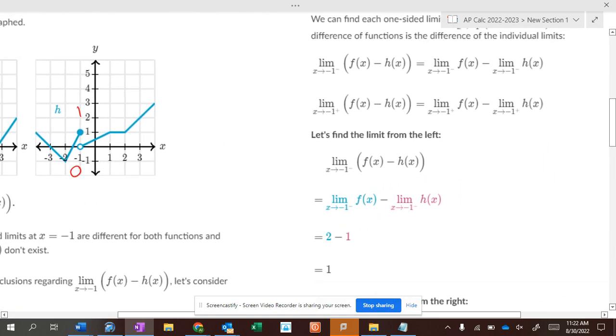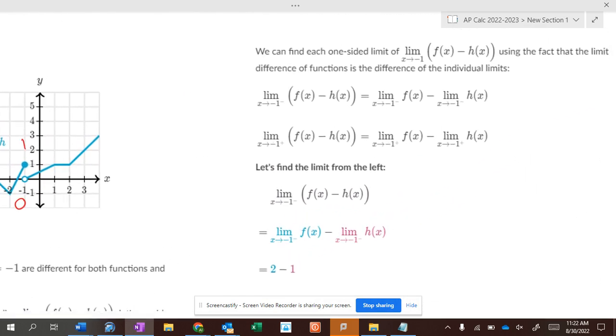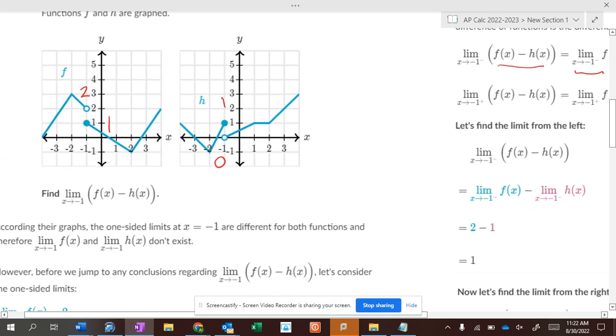Then we go, well, let's look at these. We're subtracting on this one. So let's go from the left and subtract the other one from the left. So what's 2 minus 1? 2, because we're coming from the left and we're coming from the left.